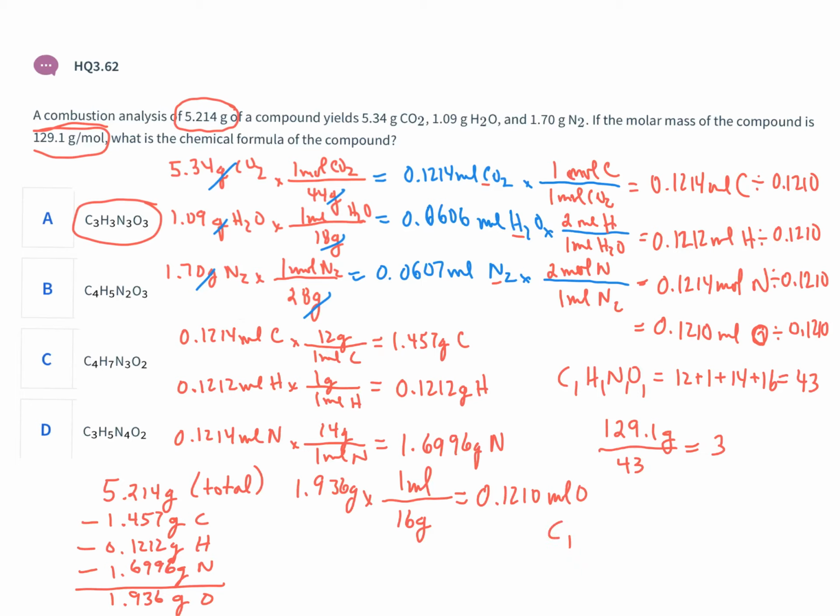So that means I need to take the empirical formula and multiply it by 3 to get the molecular formula of C3H3N3O3, or choice A that I hinted at when we saw that our initial molar amounts were already very close to the same number, giving us that 1-to-1-to-1-to-1 ratio, or the ultimate molecular formula of C3H3N3O3. Again, these two problems are probably the hardest types of calculations that you would see, the most involved, most in-depth calculation.